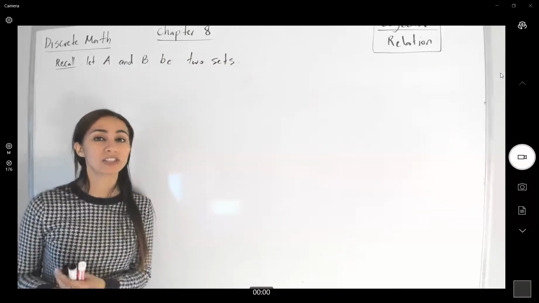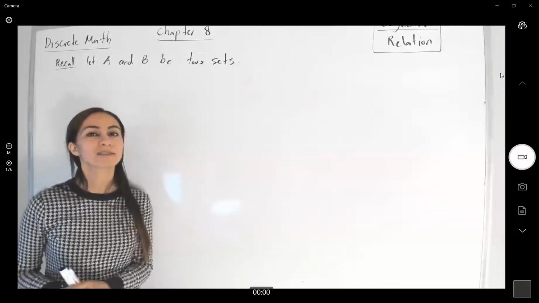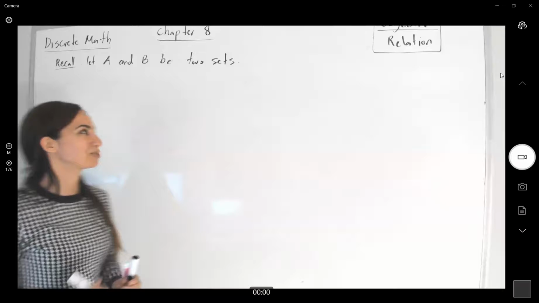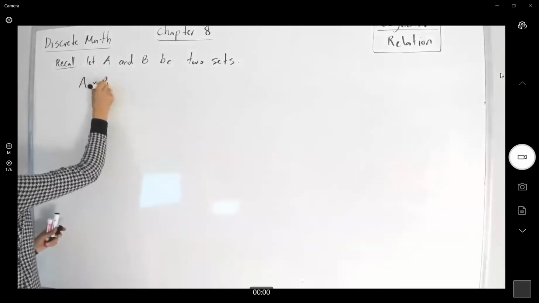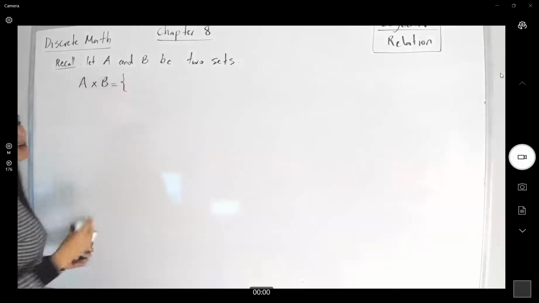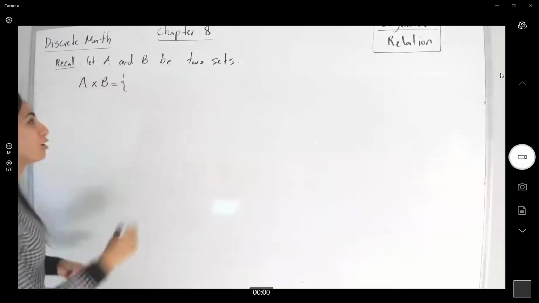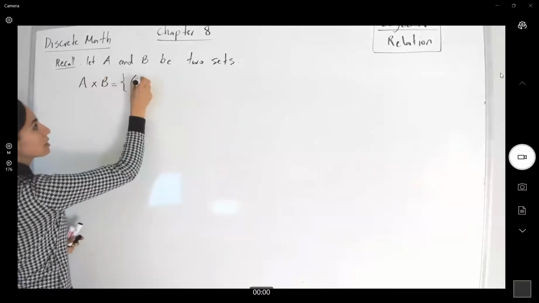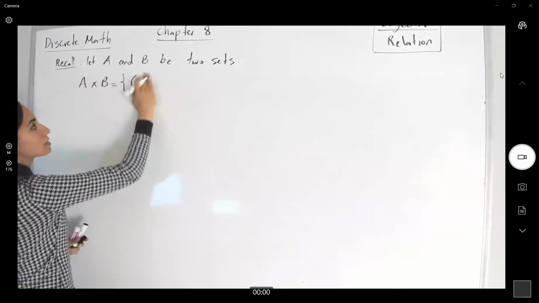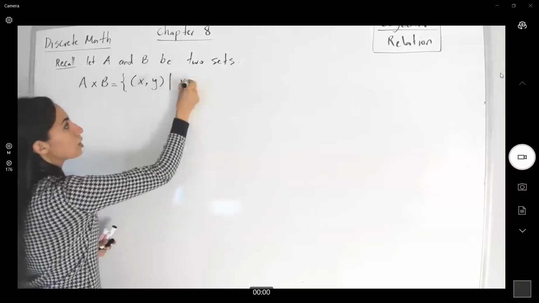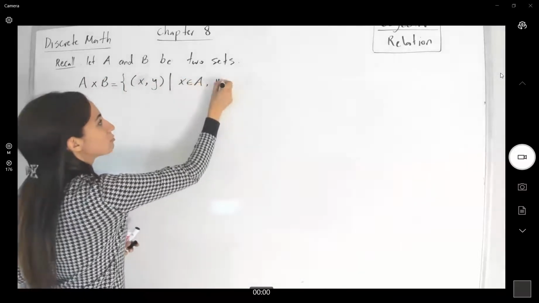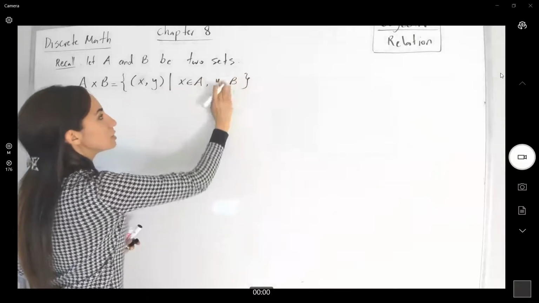Remember that the Cartesian product is different from the cross product that you learned in calculus. So A Cartesian product with B is equal to the collection of all ordered pairs like (a, b) or (x, y), such that x belongs to A and y belongs to B.